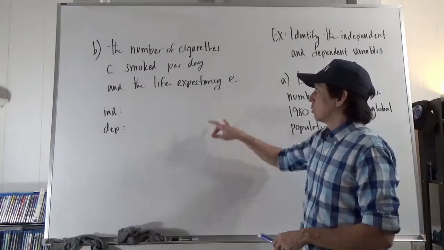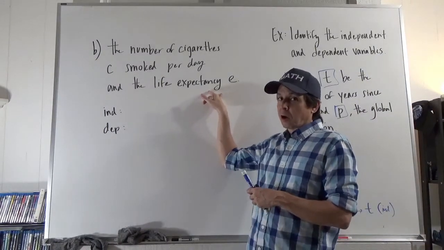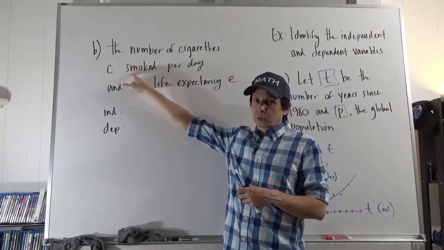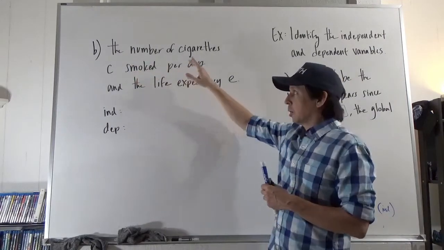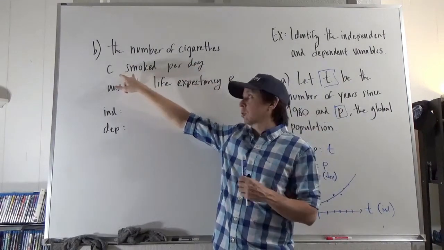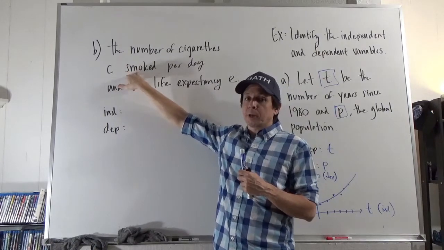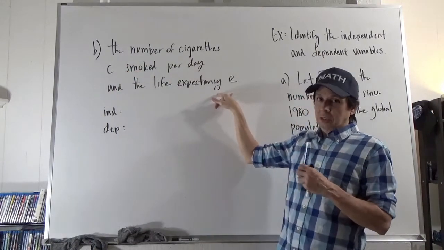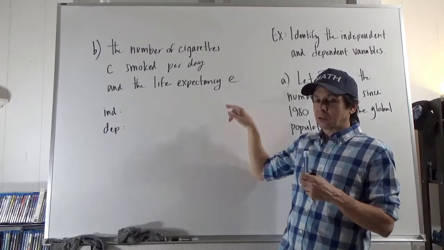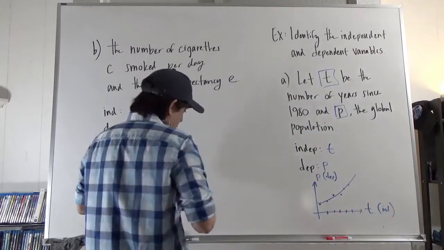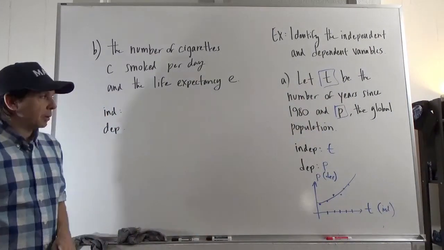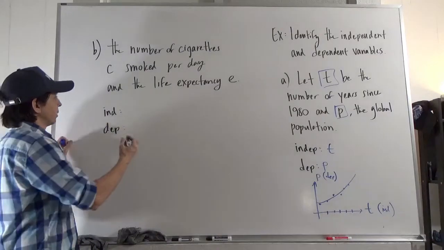Okay, so your life expectancy doesn't cause you to smoke a certain amount of cigarettes per day, but according to health experts, the number of cigarettes you smoke per day does cause changes in your life expectancy.